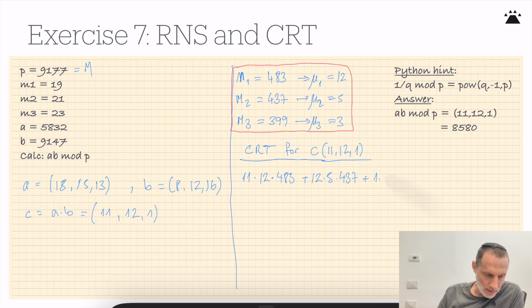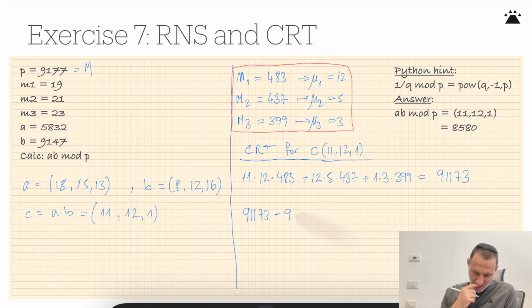You'll have to believe me that this turns out to be 91173. If I then go and check, 91173 minus 9 times P is 8580. If you check this directly, this should be equal to A times B mod P. And we're done.